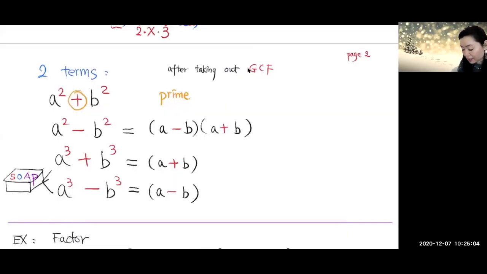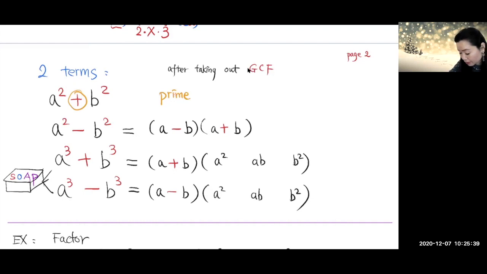Okay. So for this one over here, the second factor will be longer. It has 3 terms. For the sum of 2 cubes and difference of 2 cubes, the second factor will have 3 terms. They have the same pattern: a squared, ab, b squared. And the sign follows the a cube or b cube. Same sign with this.